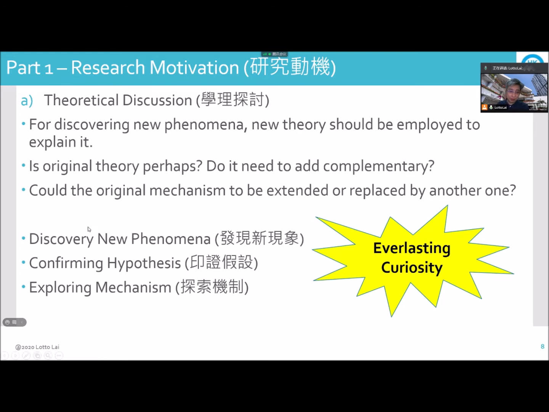Sometimes you will discover new phenomena or confirm some hypothesis. Exploring mechanisms is also theoretical research. The most important thing is everlasting curiosity.